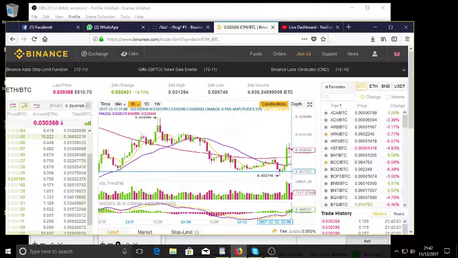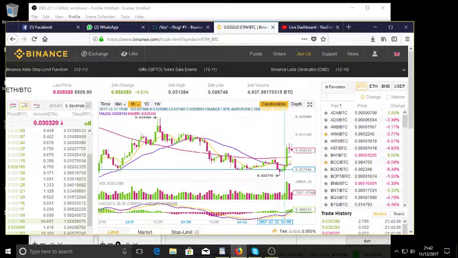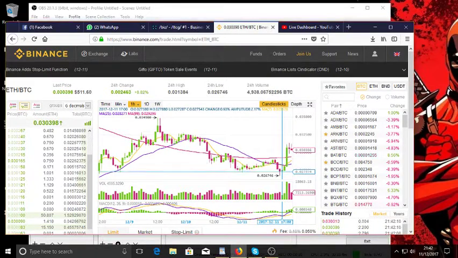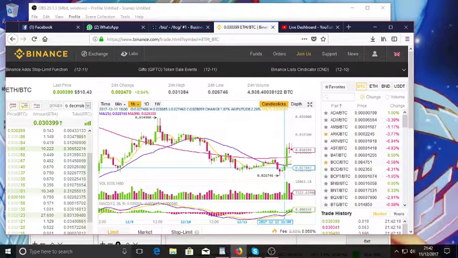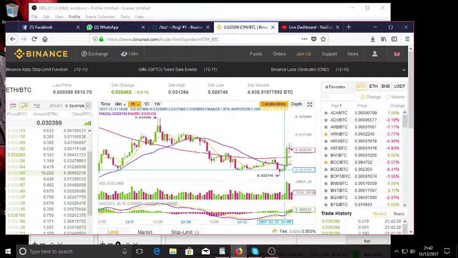So it closed at 0.02732 sats. And the next one, a small little green guy here, started at 0.027369 sats. It went up and had a high of that hour of 0.0278 sats, and it ended at 0.027558 satoshis.